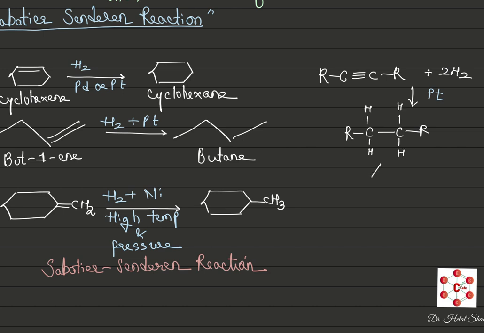And this is nothing but an alkane. So your triple bond is broken down, and for every pi bond broken, there is one H2 added. So you have two H2 added, and this is how you get an alkane.